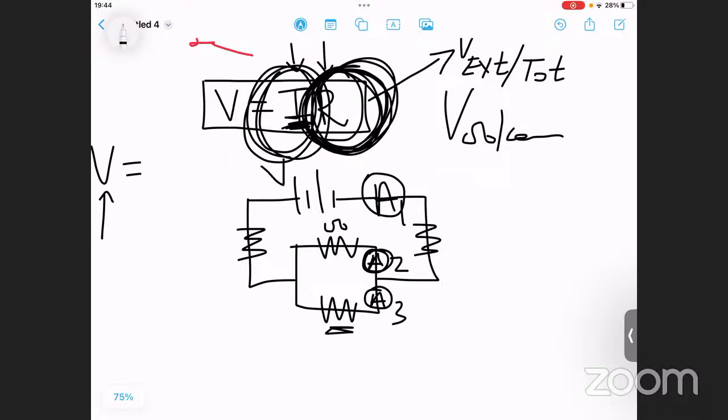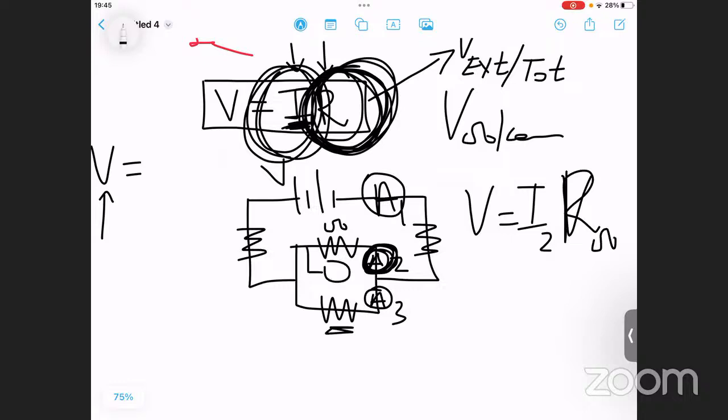It is the V for the battery there. But the moment you use A2, you see where A2 is connected, it means the R that you're also going to use is for that specific resistor. So that means the V is just for there.